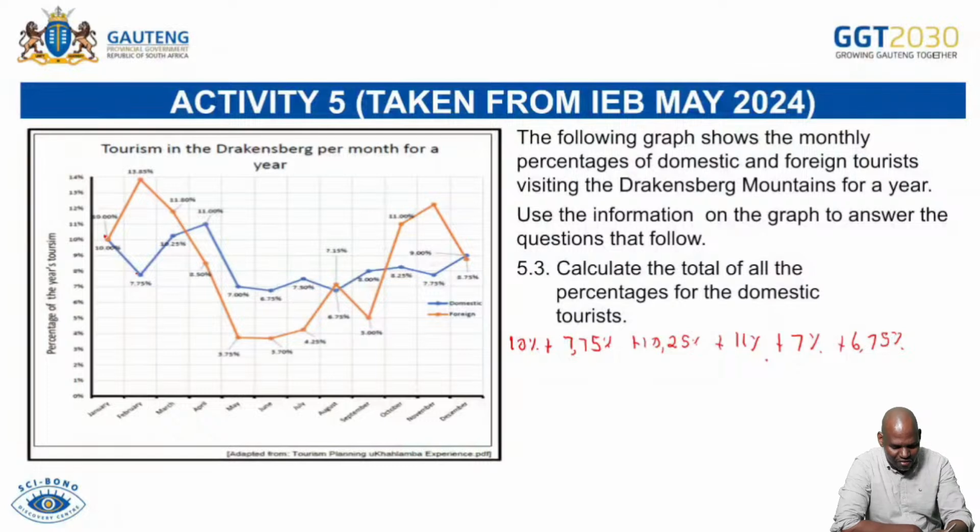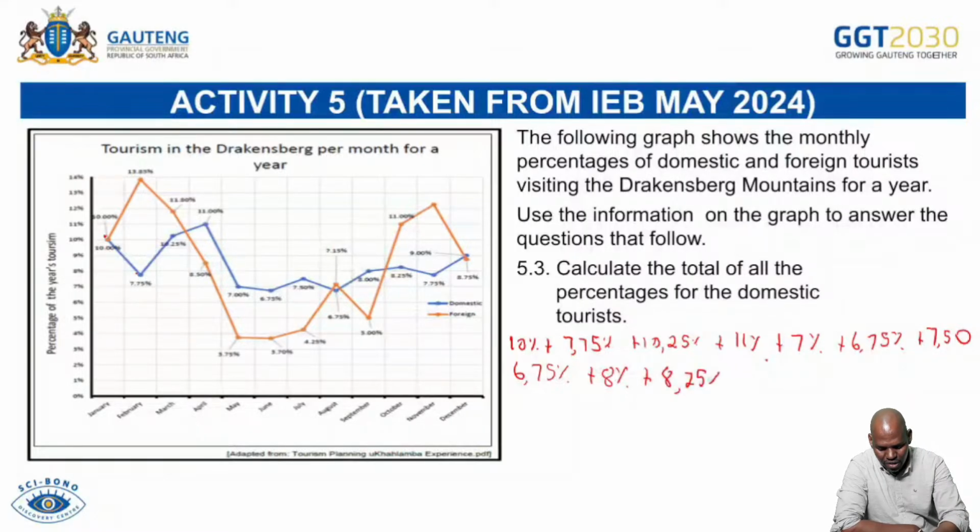After 6.75 is 7.50. And then after 7.50 is 6.75. And then after 6.75, I've got 8%. After 8%, I've got 8.25%. After 8.25, I've got 7.75%. After 7.75, I've got 8.75%. I hope they are also clear.